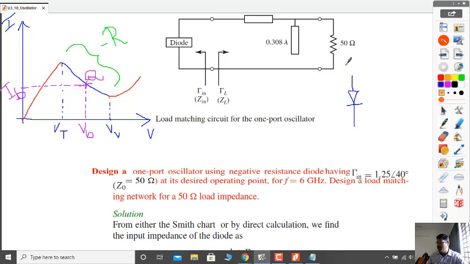At the top of the diode we provide the DC voltage through an RF coil. So we have a resistance and then an RF coil, and on top of it we apply the bias voltage V bias.